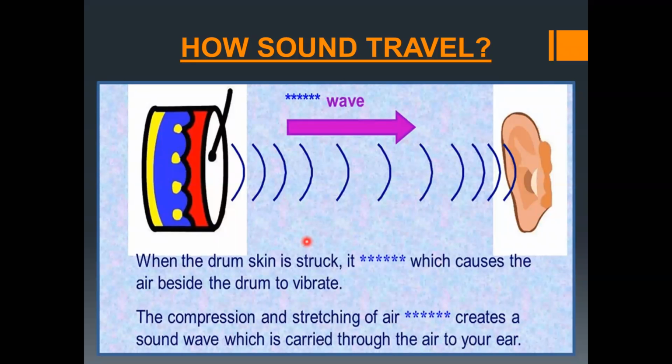I hope every one of you has understood so far what sound is, how sound is produced, and how musical instruments take part in producing sound. They need vibrations, or they have some special parts for vibrations.